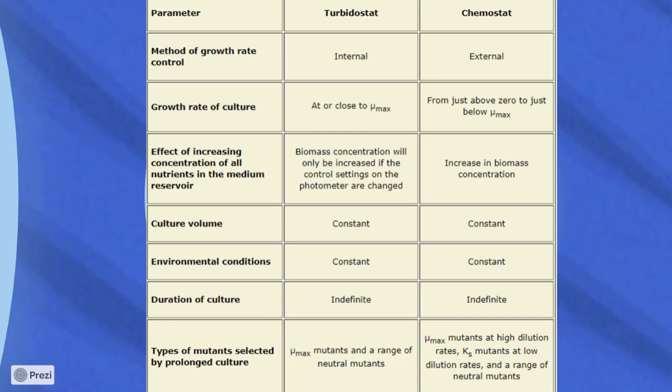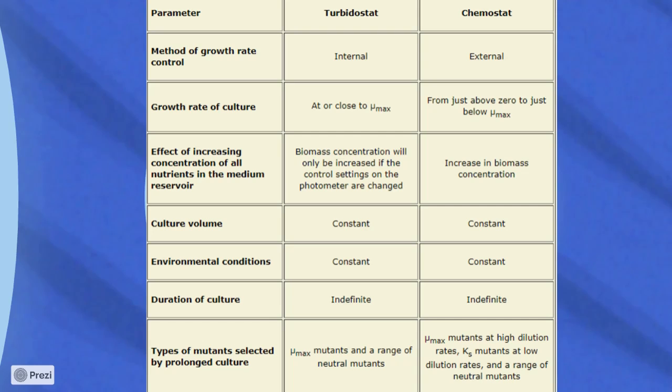In a turbidostat, the growth rate of the culture is at or close to the maximum specific growth rate, whereas in a chemostat it will be from just above 0 to just below the maximum specific growth rate. The biomass concentration will only be increased if the control settings on the photometer are changed, whereas in a chemostat an increase in biomass concentration can be observed.